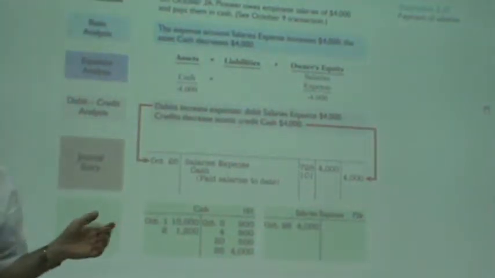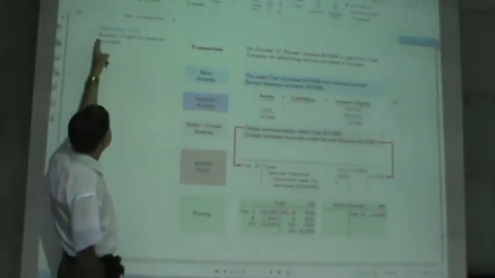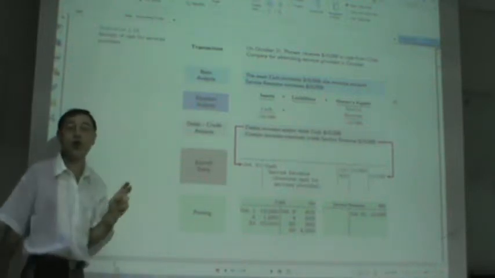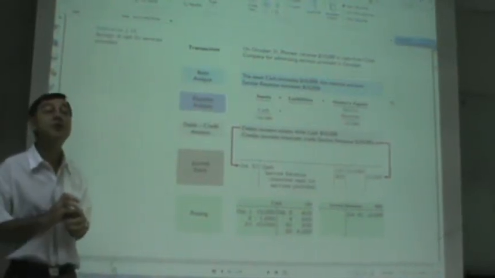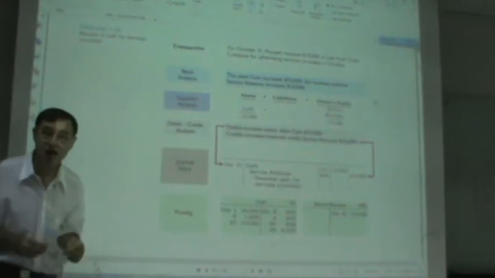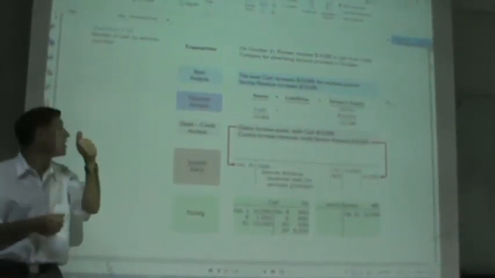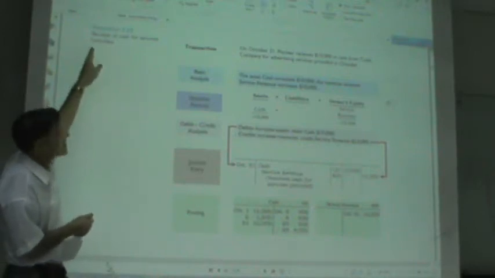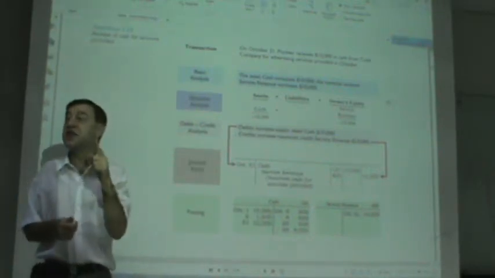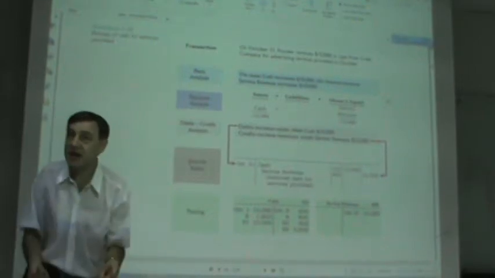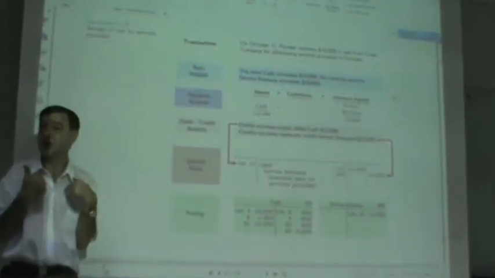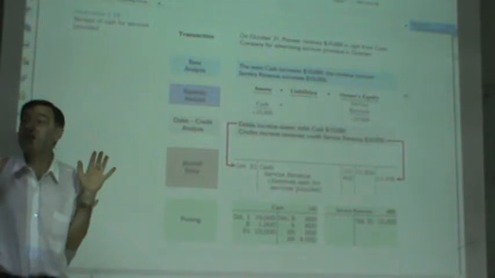Alright? Let's see if we have more transactions or finished. More transactions. Here, receipt of cash for services provided. Receipt of cash. So, cash goes up. You say debit cash for services provided. If the services are provided, it means that the revenue is earned. It becomes service revenue.